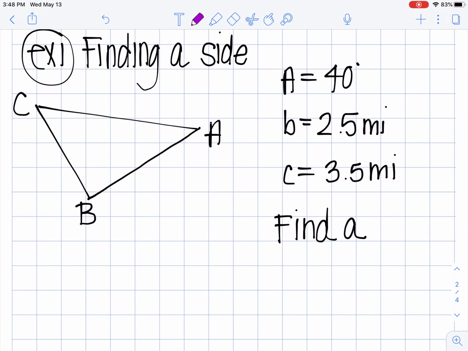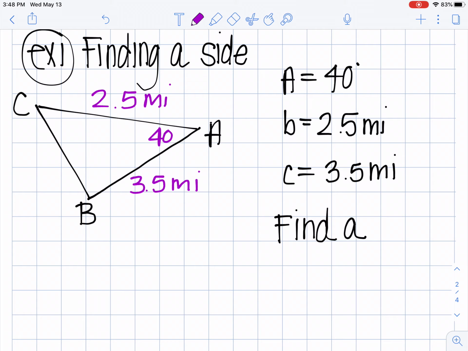When I'm finding a side, I drew out my triangle and left out this information so we could label it together. Angle A is 40 degrees. They tell me that side little b, which I know is across from angle B, is 2.5 miles. And side little c, which is across from angle C, is 3.5 miles.